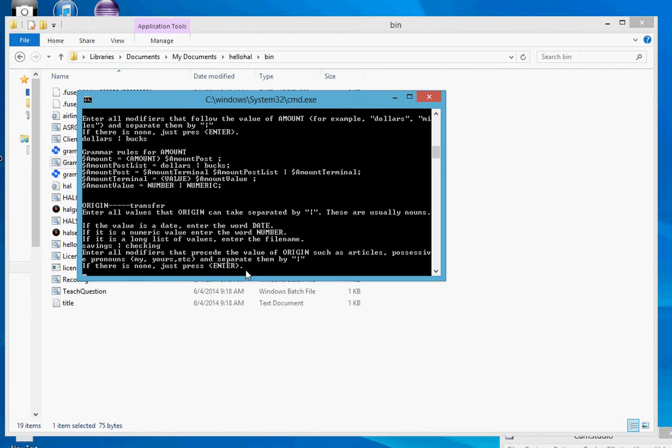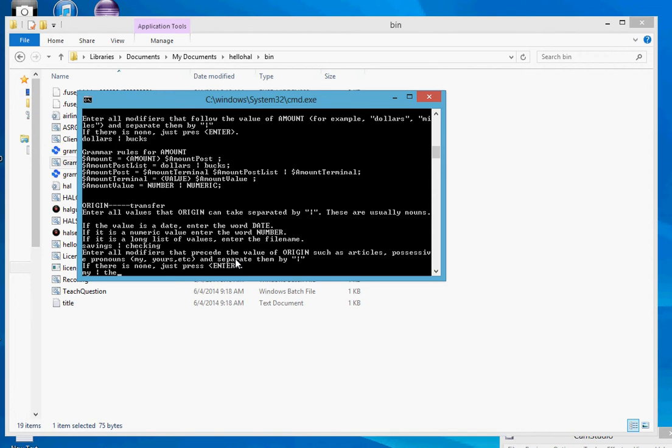And then, do we have articles before those words? Sure, somebody might say, I want to transfer money from my savings. So the word my, notice in this case, it's asking us for either articles or possessive pronouns. So my is a possessive pronoun. And how about articles? Would someone say, I want to transfer money from the checking account to the savings account? I think so. So we're just going to put the. I don't think people would use this or that.